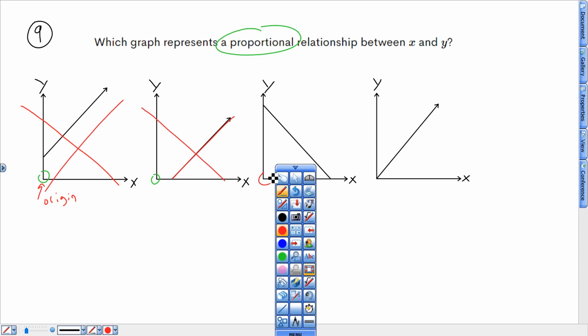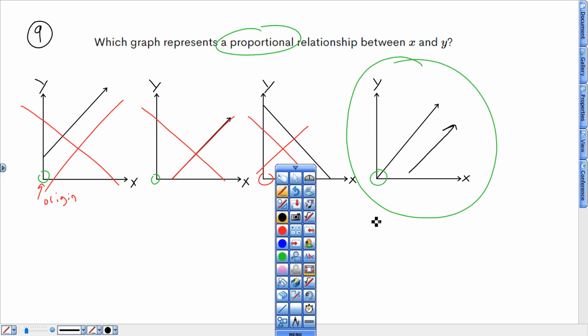Nothing in that corner. This one right here, though, is the only one that not only goes through this corner, but is straight. If I had one of those, even though it might be going through the corner, if it's curved like that, that's not proportional. It's got to be straight through the corner for it to be growing proportional. Straight line through the corner.